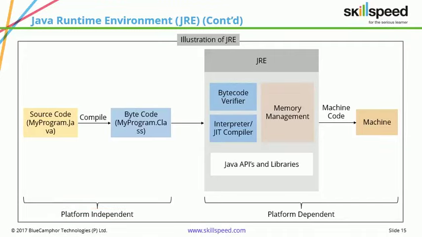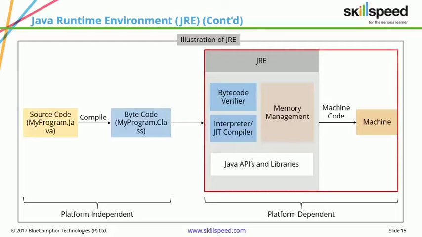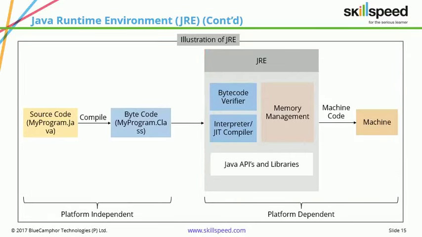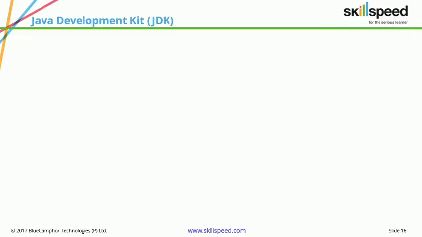From there the data flows to the JRE, which contains the JVM, and it also contains the Java APIs and libraries which are converting the program into machine code, and execution is done there. And the JRE part is shown as the platform dependent part.